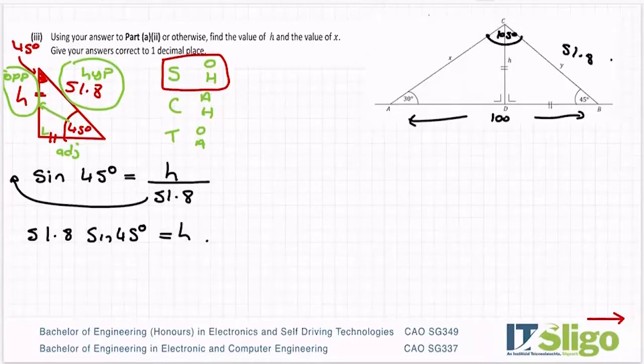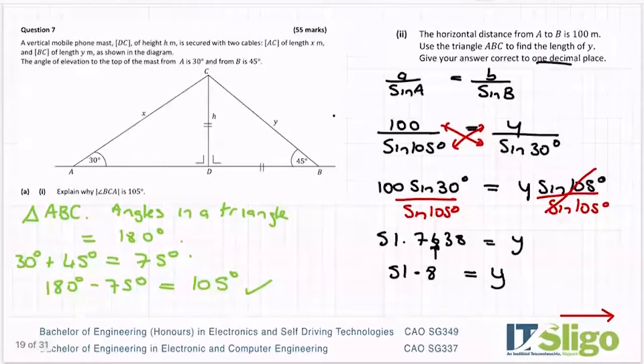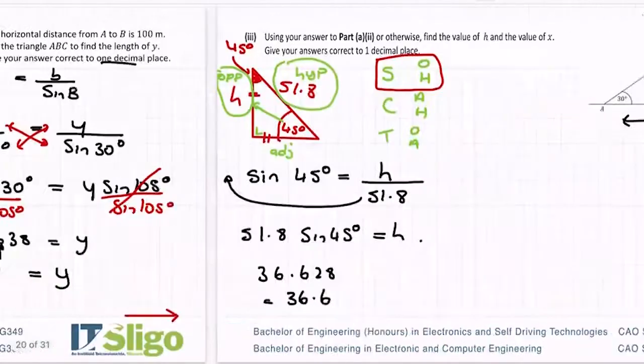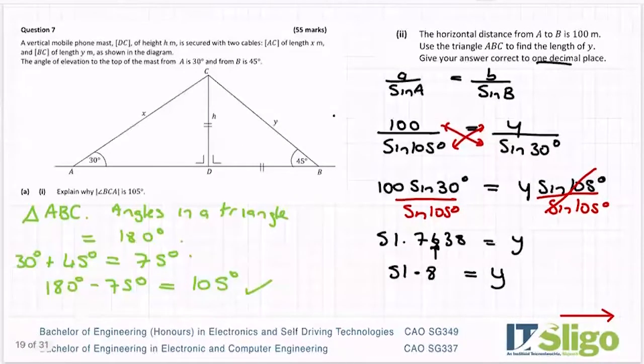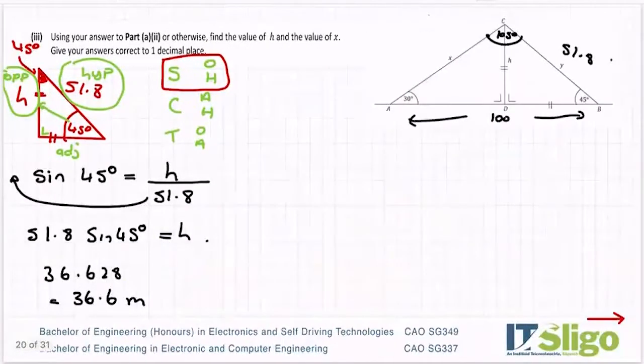Okay, so let's put that into our calculator. 51.8 multiplied by sine 45, and I'm getting 36.628 for that. And again, to one decimal place, 36.6. Do we have units for any of this? Meters, they're all meters. Okay, go back and put meters there. Okay, so that's h. I hope that makes sense.